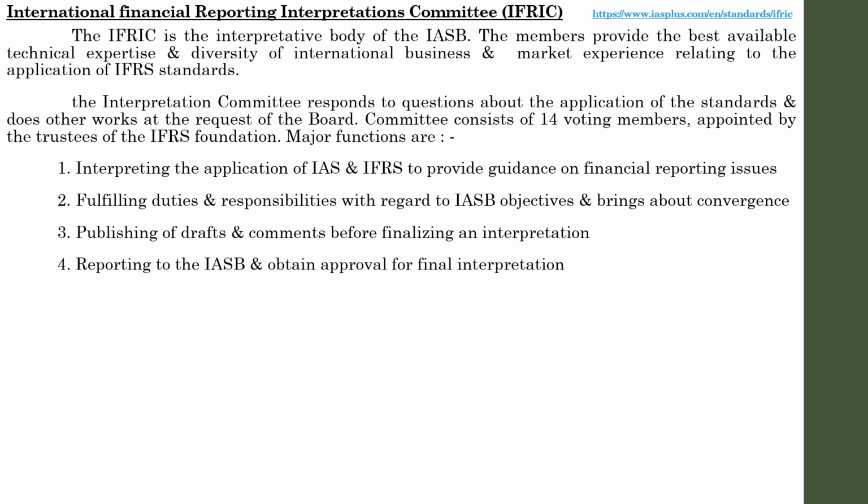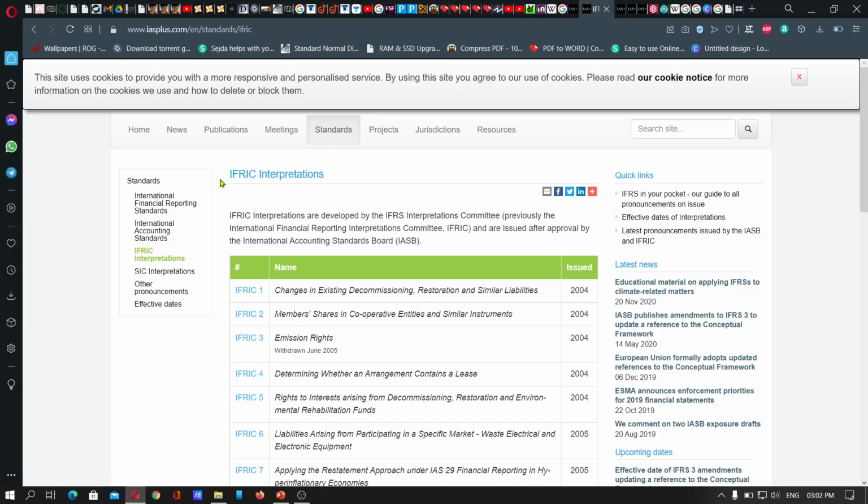So that is with regard to IFRIC, and let us go through the different IFRIC interpretations issued until now. IFRIC interpretations. Actually, these are not standards. It's an interpretation committee.